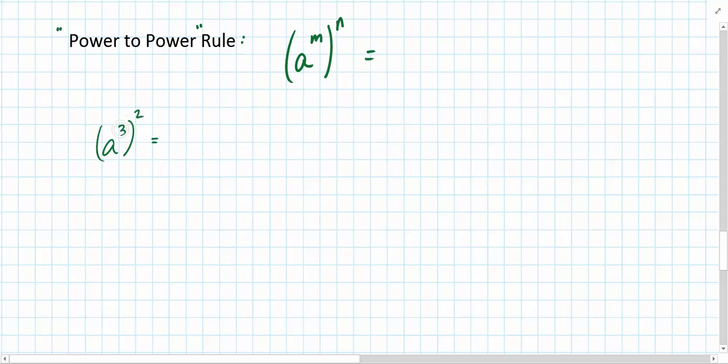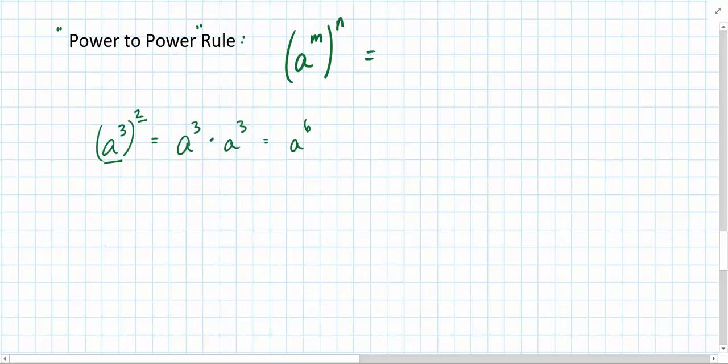Well, when we raise a number to the 2nd power, that would be just like multiplying it by itself twice. a to the 3rd power times a to the 3rd power. And from our product rule, we see that a to the 3rd power times a to the 3rd power is a to the 6th power.